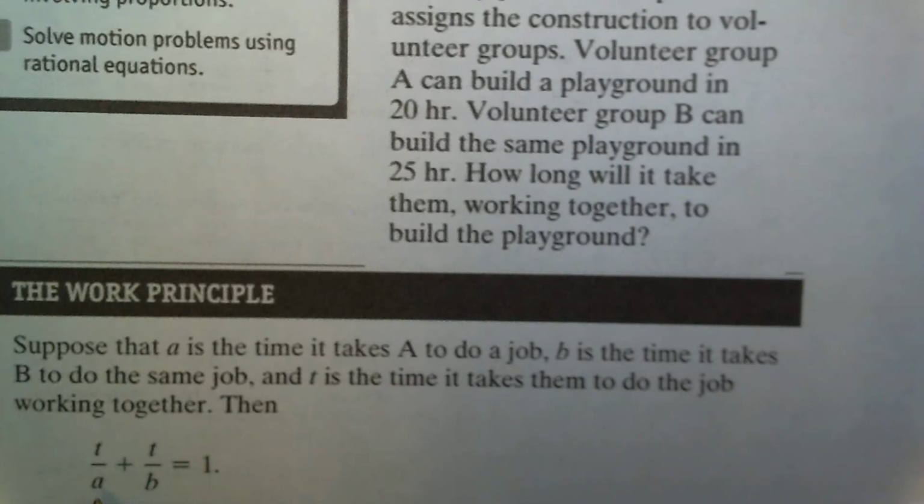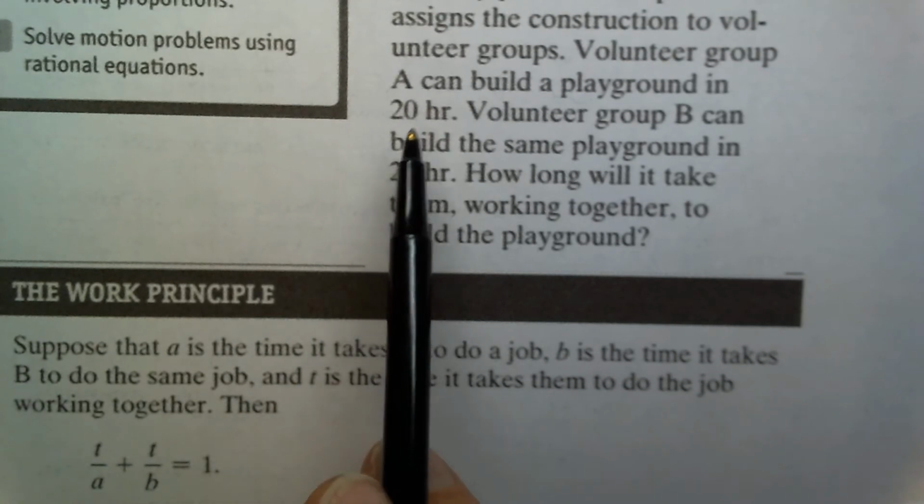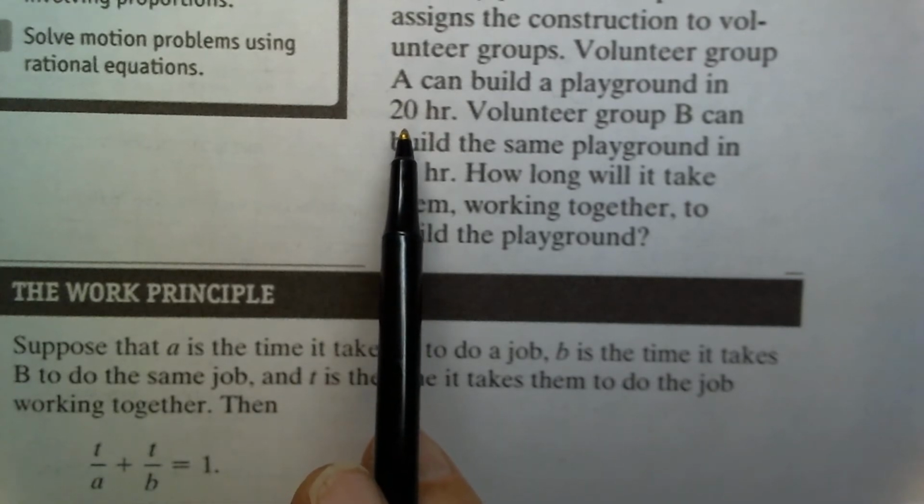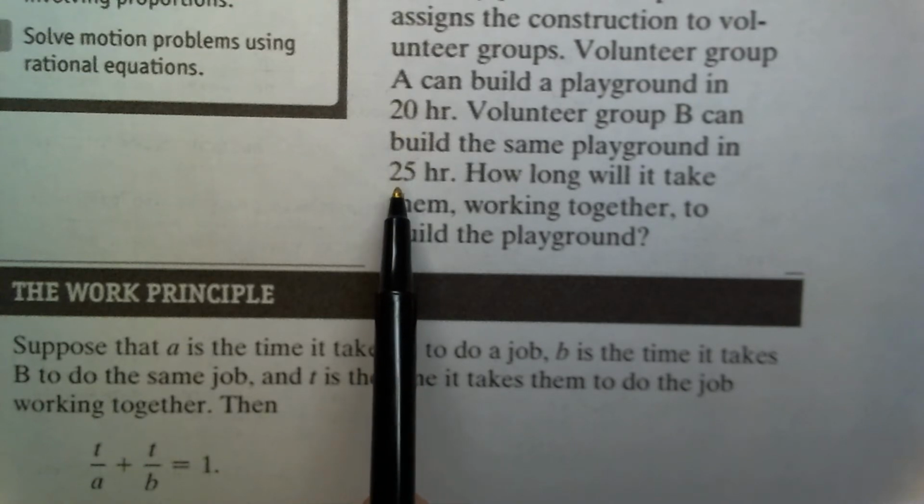Then T divided by A plus T divided by B equals 1. So we're talking about rates here. Group A does 1/20th of the job per hour, and group B 1/25th of the job per hour.